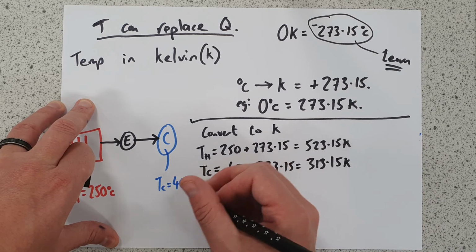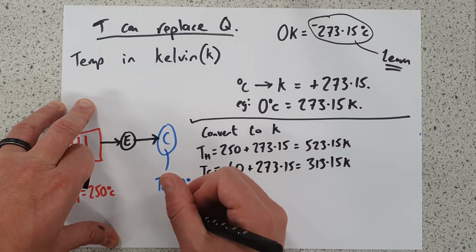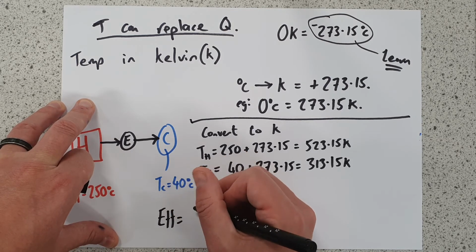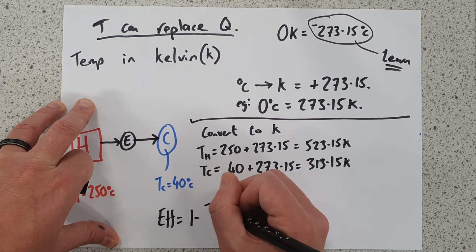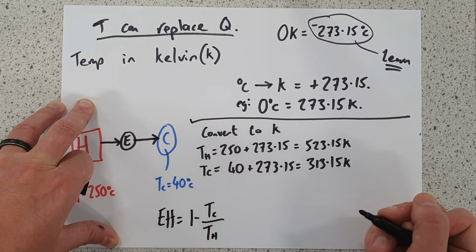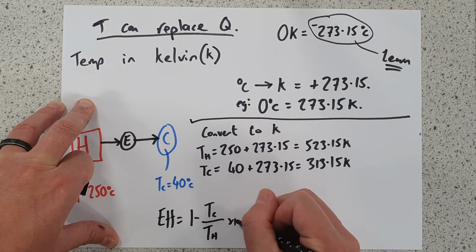Okay, and now we're going to calculate the efficiency. Now to do this, we're going to need a new formula, and you are given this one in the exam. Okay, so the efficiency in this case is equal to 1 minus the cold temperature divided by the hot temperature, and then obviously times 100.